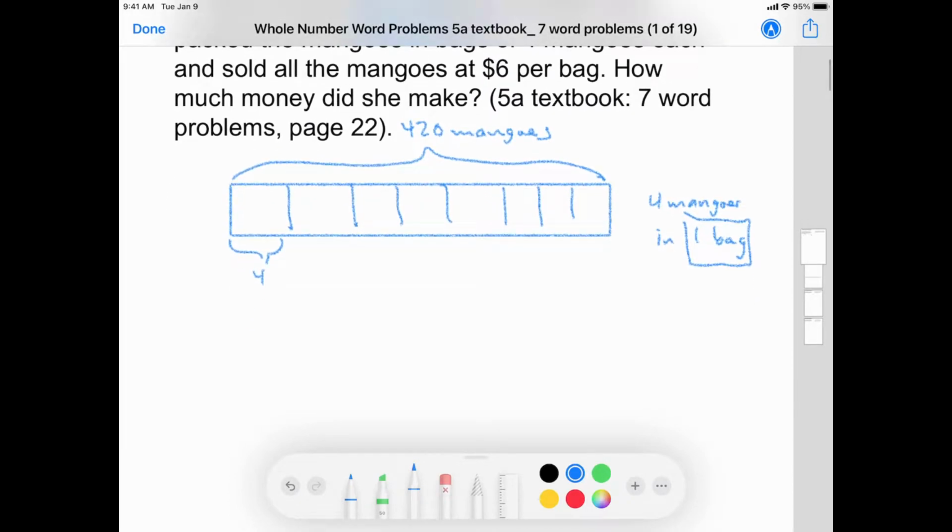Well, you can do a division problem. 420 mangoes, and you're going to put that into one bag per 4 mangoes.